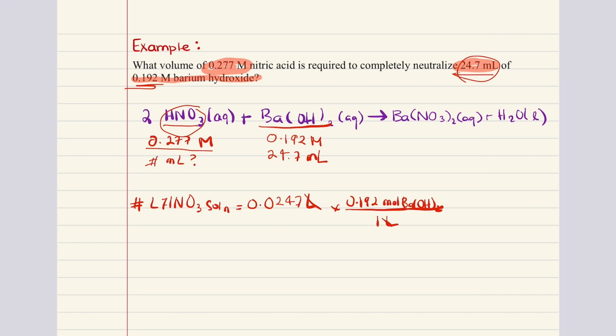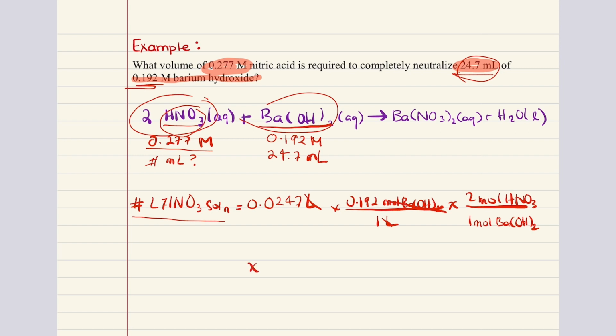Now, because our goal is to get liters of nitric acid, let's do a mole to mole conversion. What is our mole to mole conversion? We have 2 nitric acids to 1 barium hydroxide. So we can write 1 mole barium hydroxide to 2 moles nitric acid. Wonderful. Now, moles of barium hydroxide canceled. Last conversion, we can convert from moles to liters.